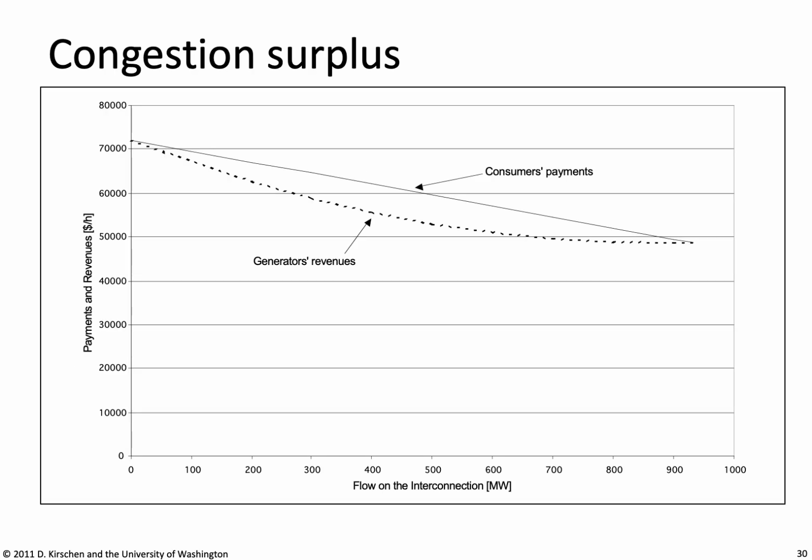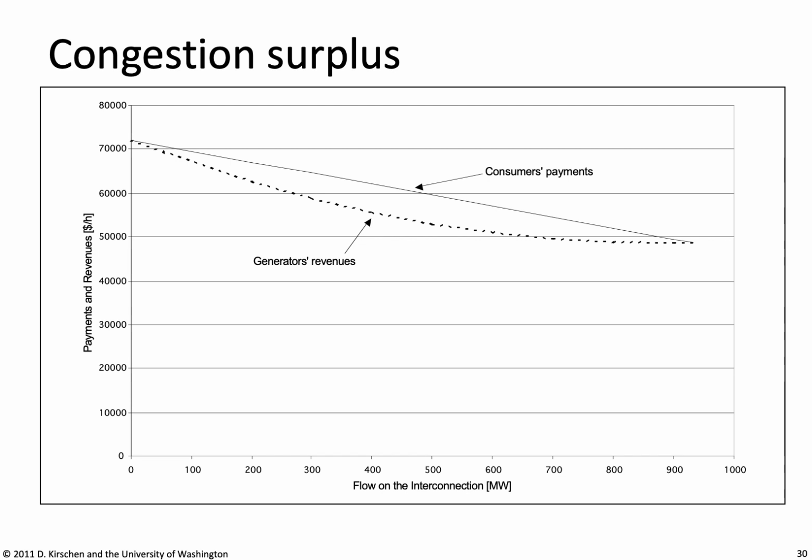If we plot this as a function of the flow in the interconnection, we get this interesting graph where, when the flow in the interconnection is zero, meaning we don't have an interconnection, the generator revenues and the consumer payments are equal.